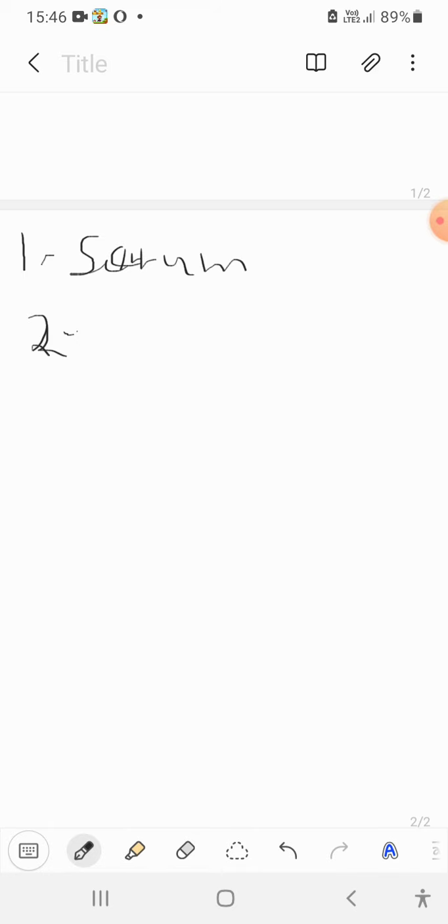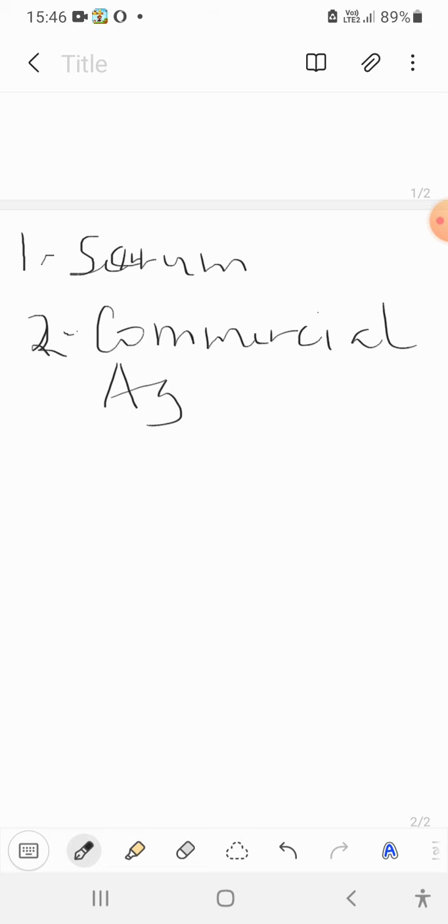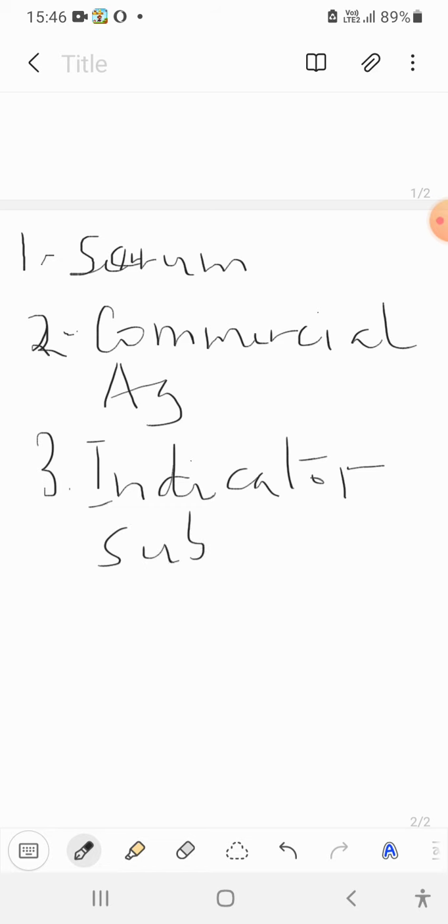Then two, you'll have commercial antigen, then three, indicator substance or reagent.